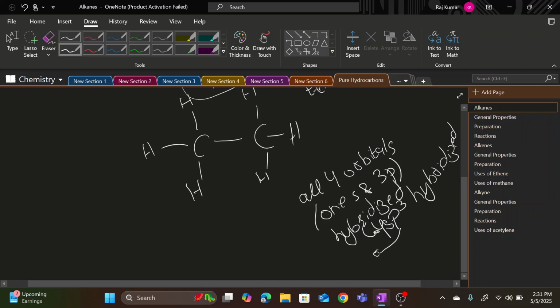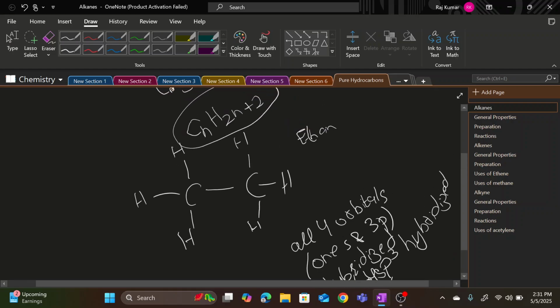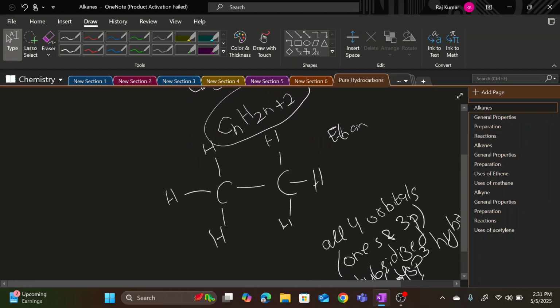Because they form four sp3 hybridized orbitals, the structure which they get is tetrahedral, and the bond angle is essentially 109 degrees. All right, so now let's look into the structure of ethane.